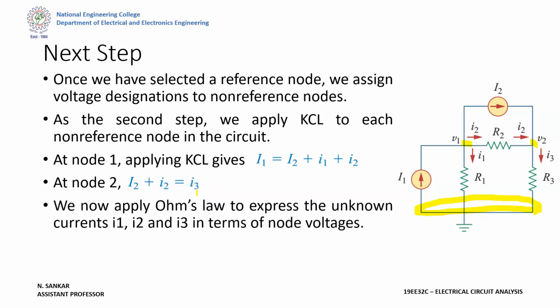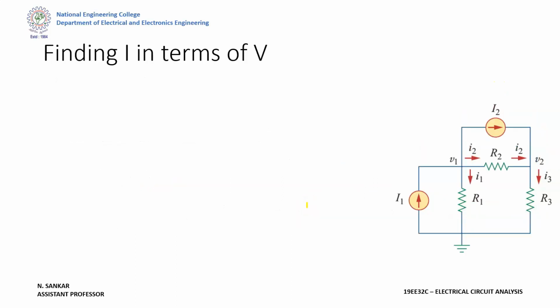So now our aim was to replace the currents. We know the value of capital I1, which is nothing but a current source value, and capital I2 is also a current source value. But the small I1, I2 and I3, these 3 variables must be replaced with the help of our nodal voltages V1 and V2 by using Ohm's law, that is I is equal to V by R. So instead of I1, we can consider the voltage across R1.